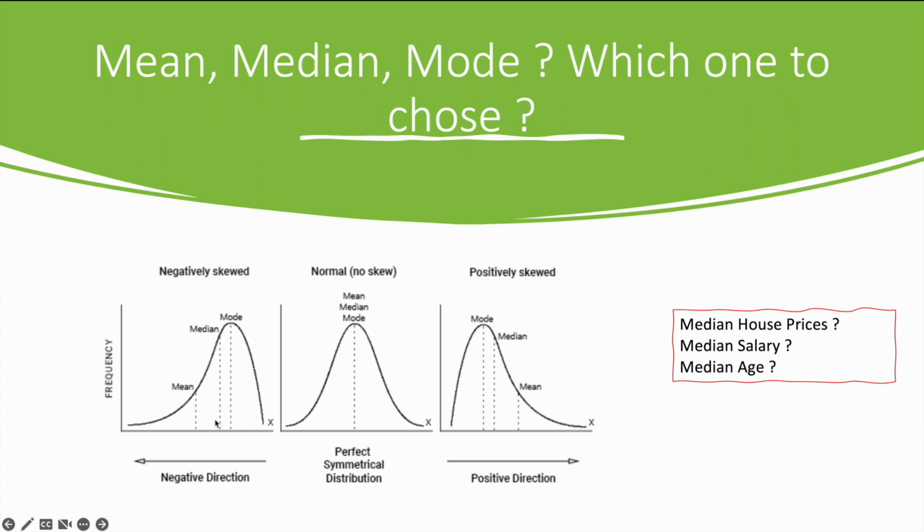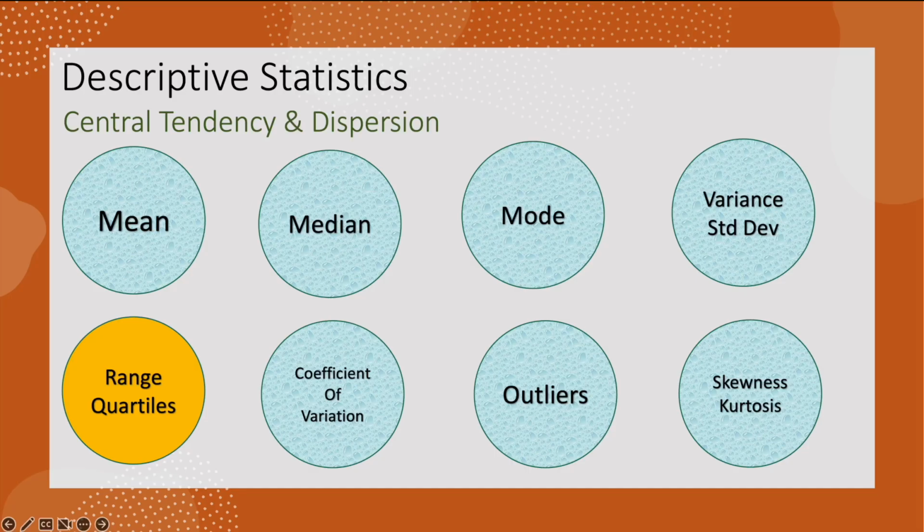Okay. If the data is negatively skewed, and by that I mean that there is more data lying on the left of the graph, then the mean will be the lowest, median will be after that, and mode will always be the top, because by definition it's the most frequently occurring element, right? So it has to be the topmost point.